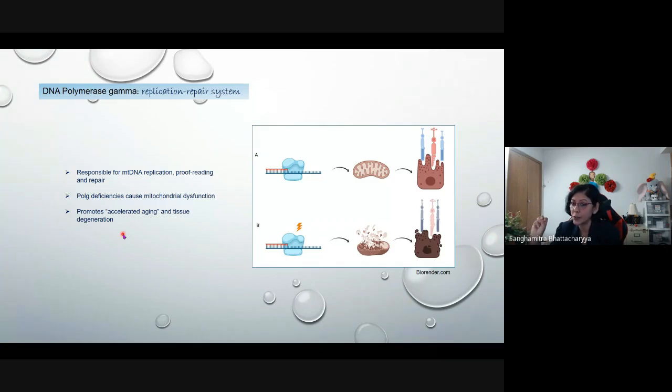But chronic exposure to superoxide radicals overwhelms the mitochondria or the replication repair system of the retina, and the damaged mitochondrial DNA propagates the vicious cycle of strand breaks and lipid peroxidation, protein oxidation, and finally the mitochondria becomes dysfunctional, initiating the apoptotic machinery, and we see RPE cell death.